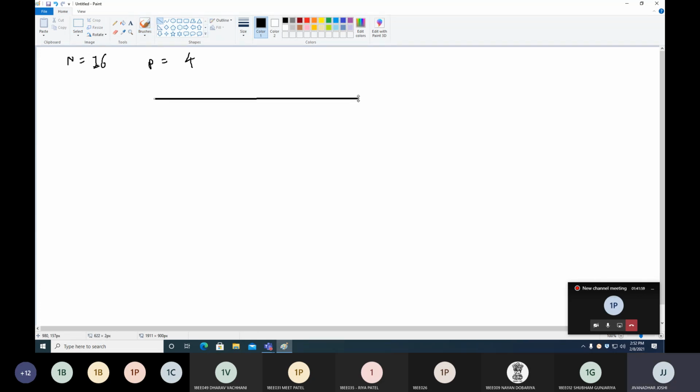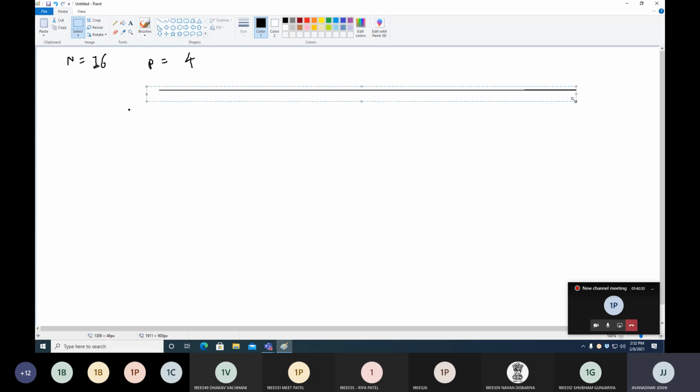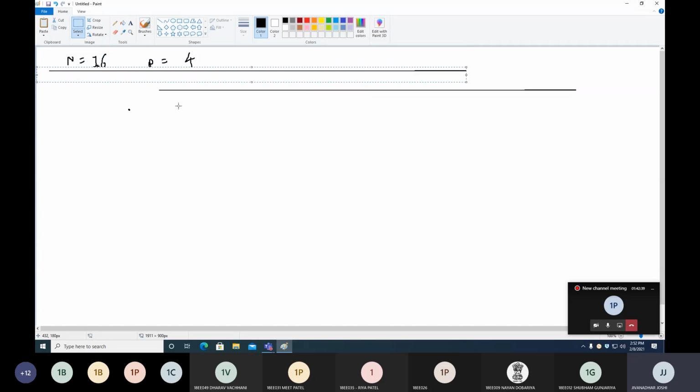I need to draw 16 lines. Control C, Control V. Can I copy? Yes, it should be possible.